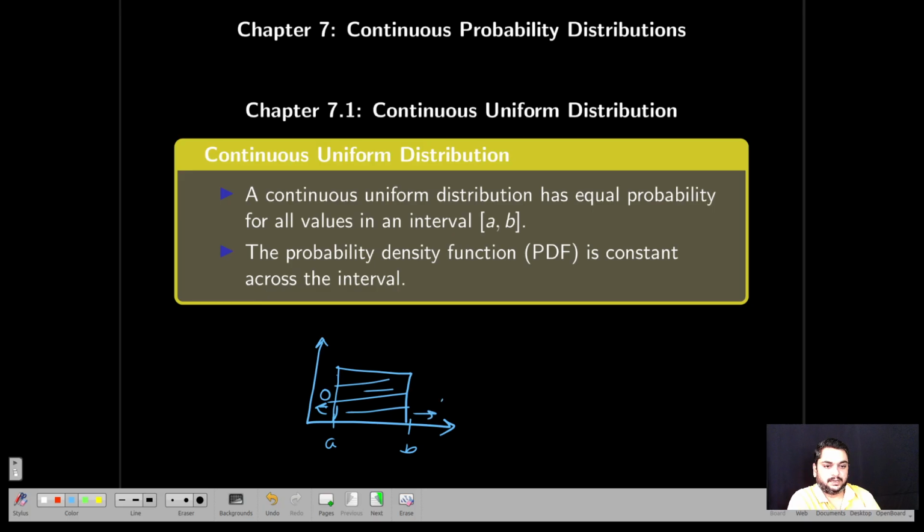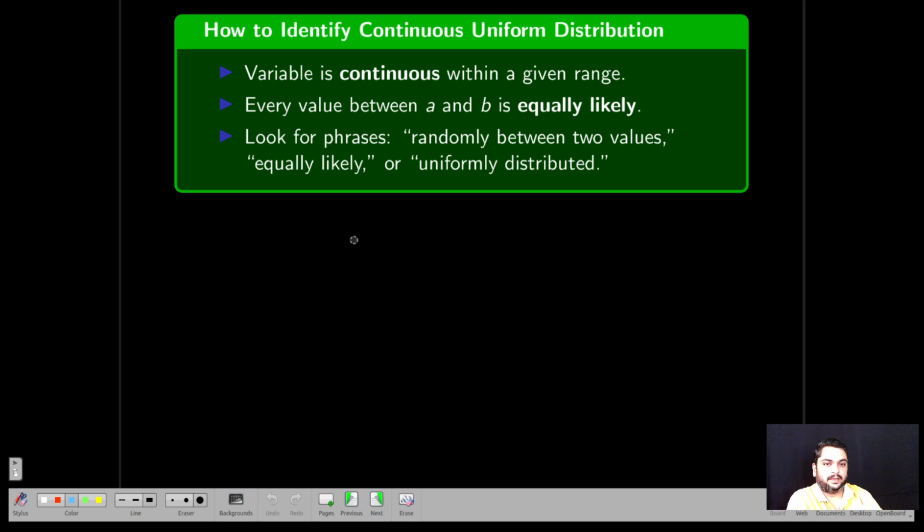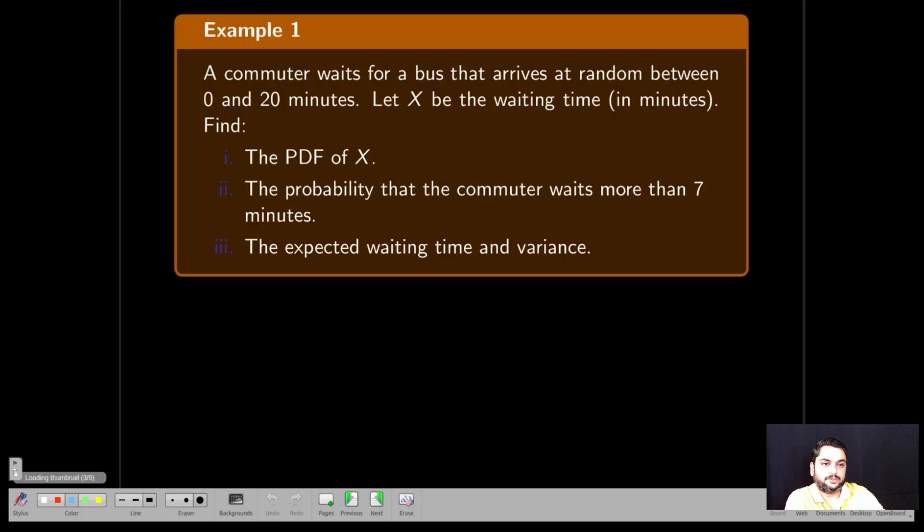Above b it is anyhow 1 because at b itself the accumulation is 1. Accumulation means go on adding it by parts. So that is the simple thing. Where will you apply? Whenever you see the word continuous and the probability is equally likely between the interval a, b, then you can apply the continuous uniform distribution.